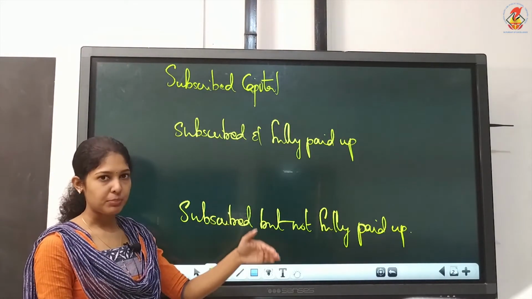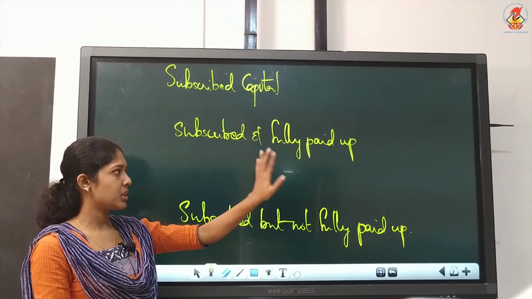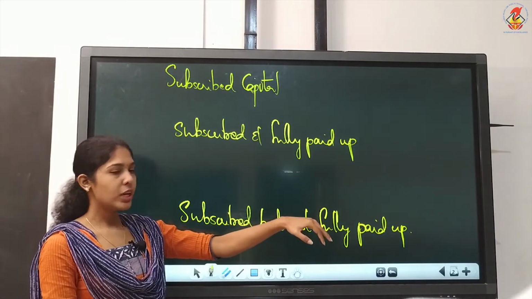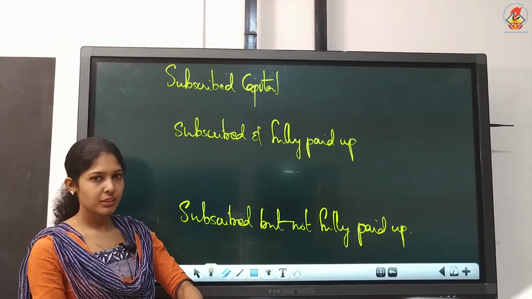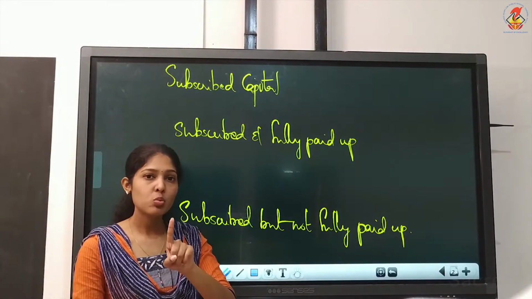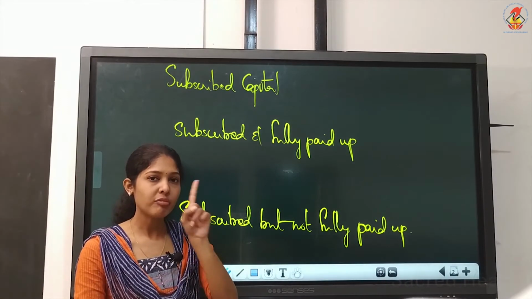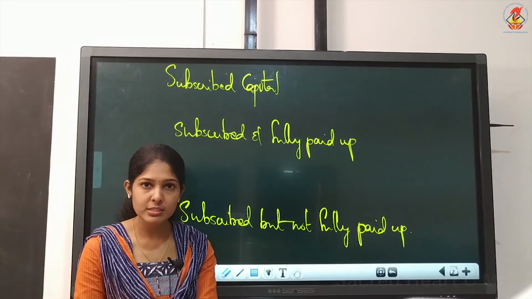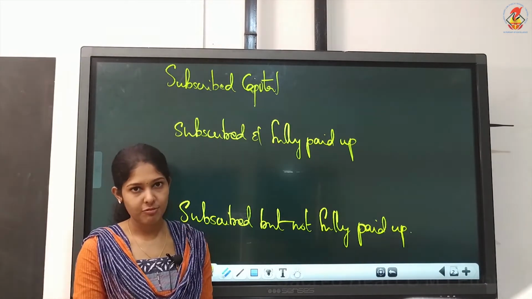These are the two subdivisions under subscribed capital. Subscribed and fully paid up means they subscribed, in this question they subscribed 70,000. And what is the face value of one share? Just see that question. Rupees 10 is the face value.